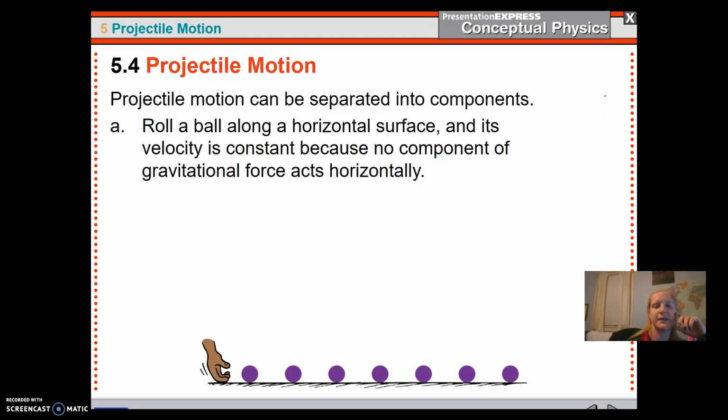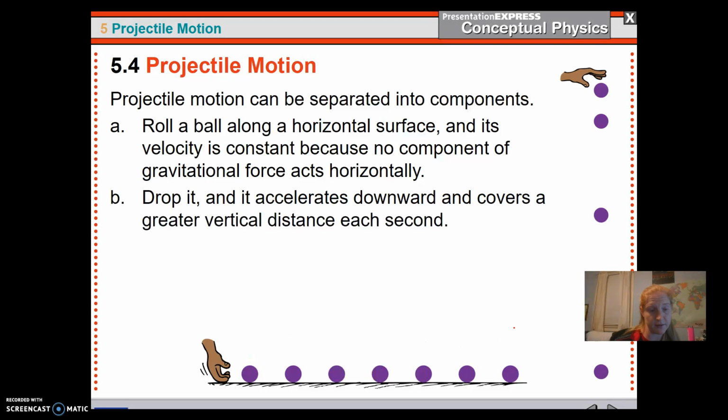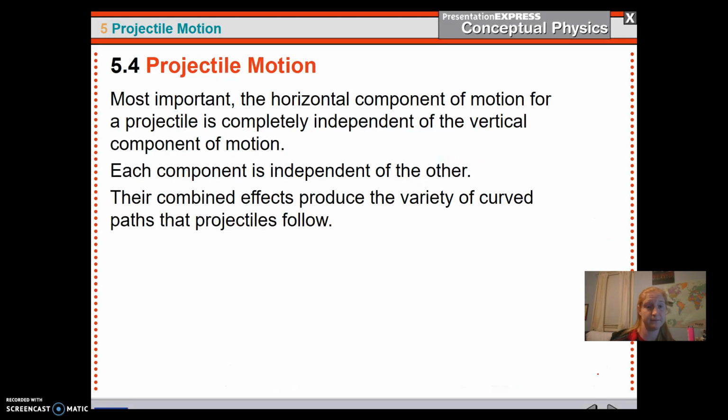Okay. Projectile motions can be separated into the horizontal component, which you noticed in our video analysis of the cart and the buggy, the fan cart and the buggy, that they moved at a constant rate across the floor. Okay. Now, you notice with basketball that it should have increased distance every time because gravity is affecting it.